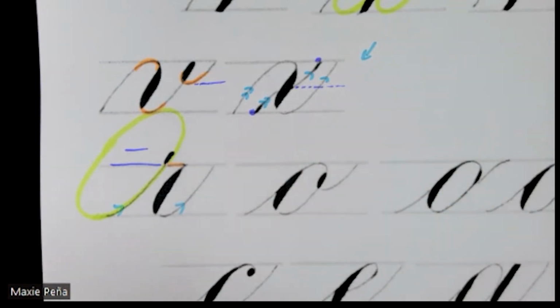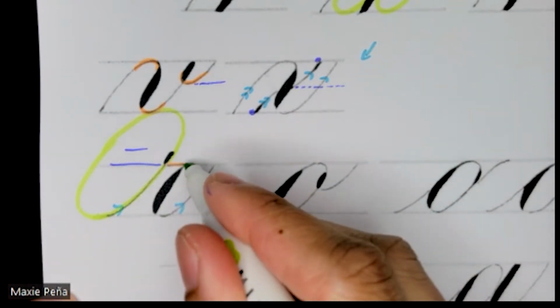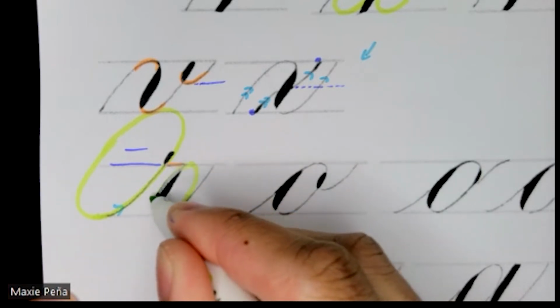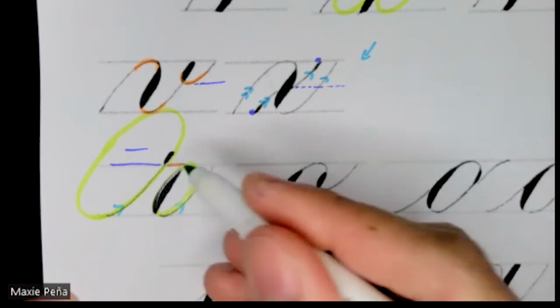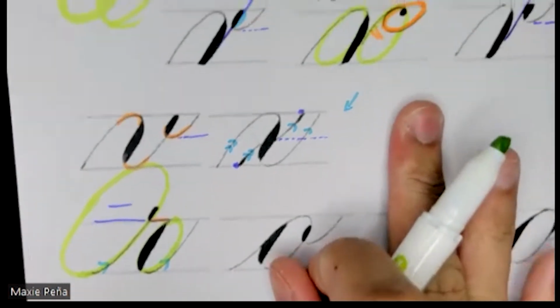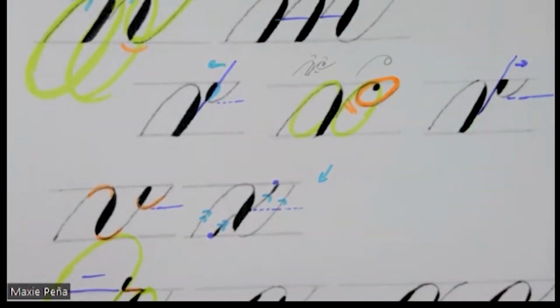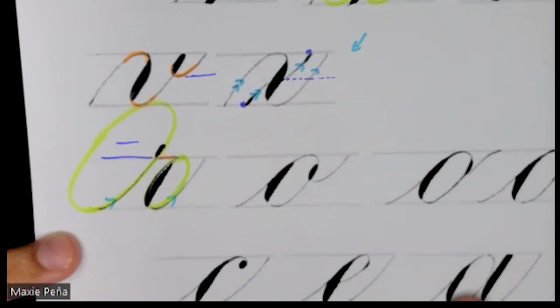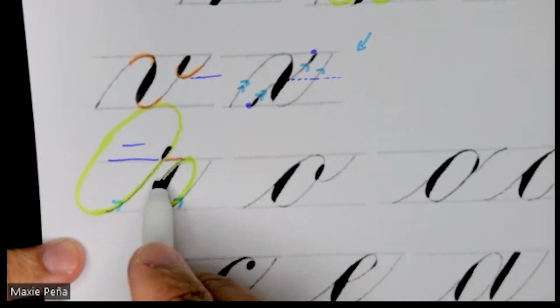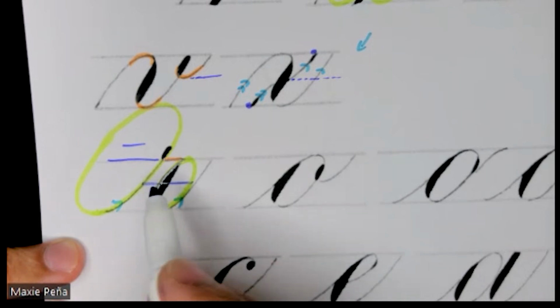So when you're exiting too, imagine that you still have that one unit of spacing from your oval, similar to how we used it for your R. You will notice that the space here is wider than the space here.